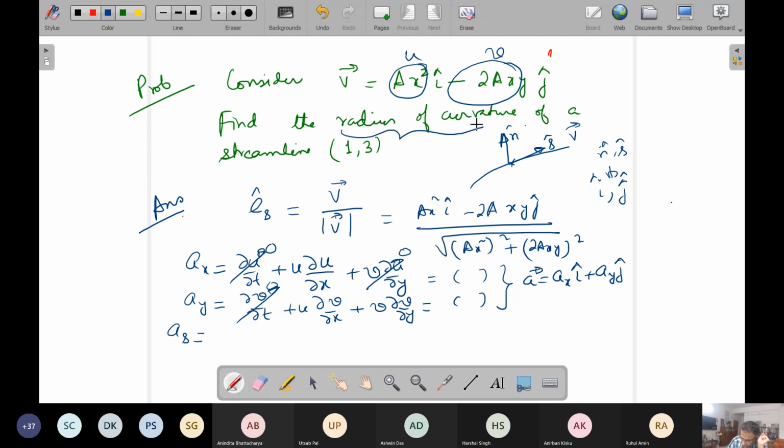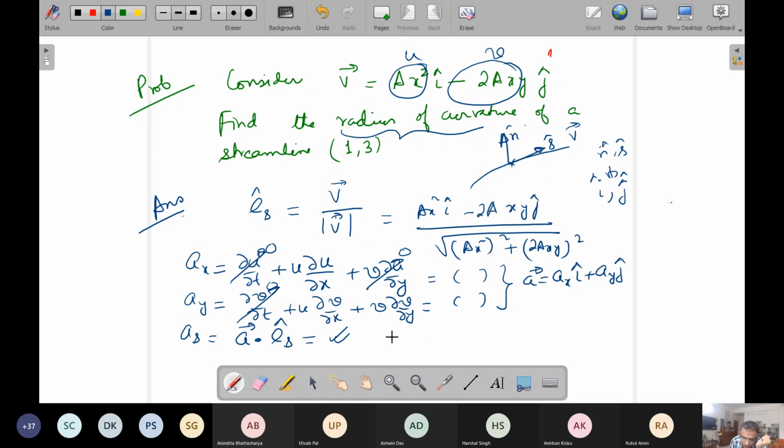Definitely acceleration along N. Acceleration along S we can readily find out because we have found the unit vector along S. In terms of the scalar variable, the acceleration component along S is the total acceleration dotted with the unit vector in the direction of S. So that is the acceleration along S. It will be some expression.